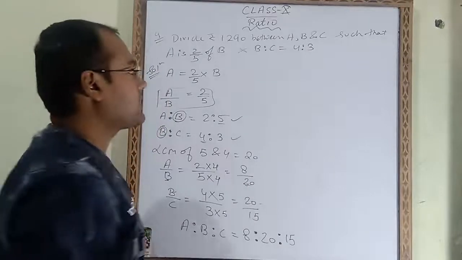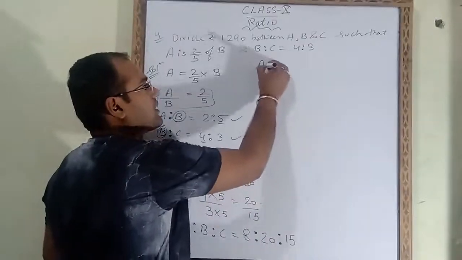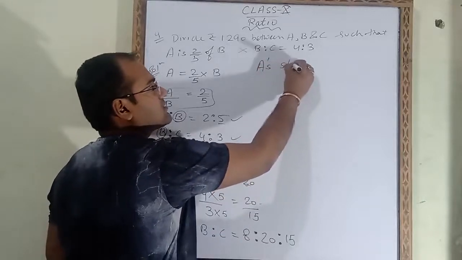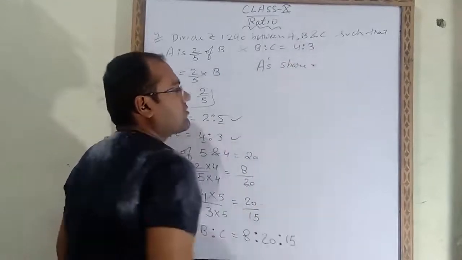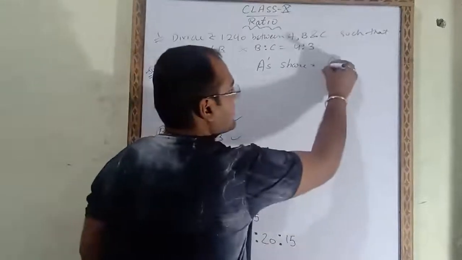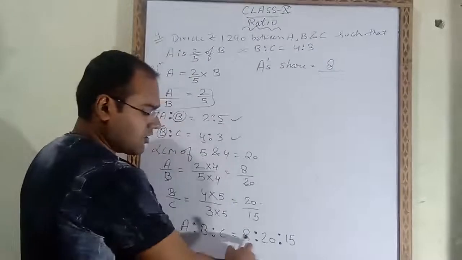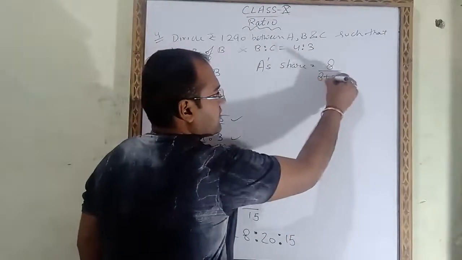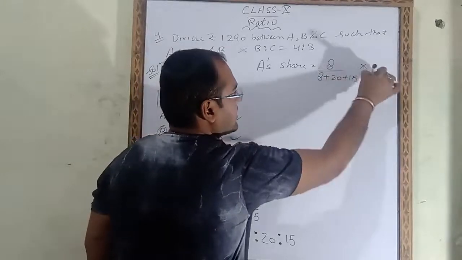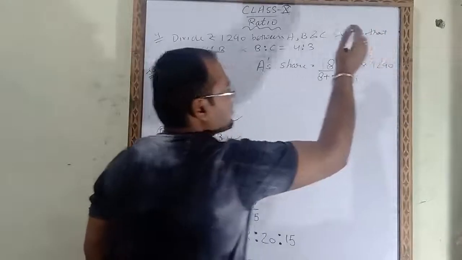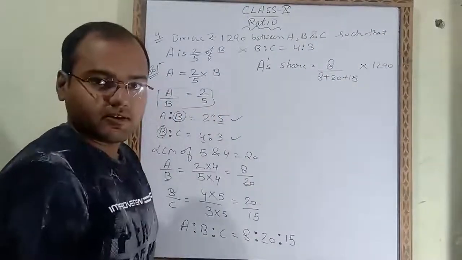Now what will we do? A's share. For A, we have to take the A value in the numerator, and the sum of all the values of A, B and C, 8, 20 and 15, in the denominator, multiplied with the total money, which is 1290.